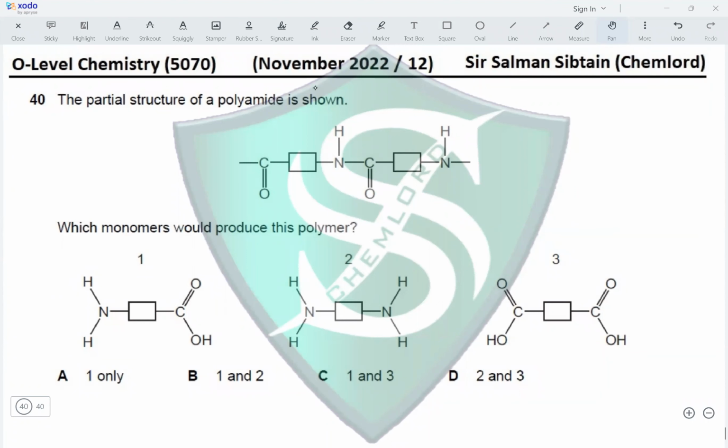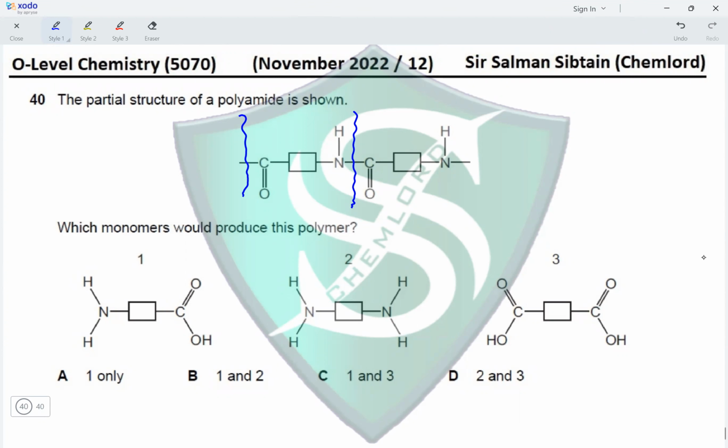Question 40. The partial structure of a polyamide is shown. Okay. Which monomers would produce this polymer? So let's identify a repeat unit. If we start from here, we have an amide bond here. Since this is a polyamide, that means this is one repeat unit, which makes this a second repeat unit.